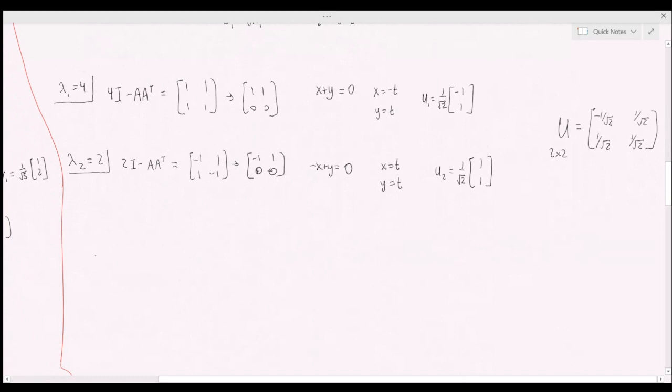Okay, so next, I'm going to calculate v1 and v2 as in the reduced SVD by using these formulas. Okay, so let's see here. For v1, sigma 1 was the square root of 4, so it would have been 2.